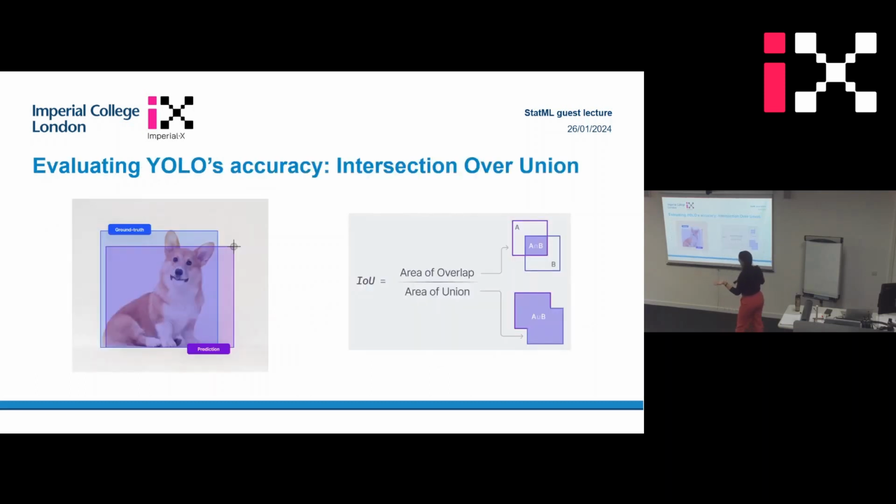So how do you evaluate how good your algorithm is at detecting the object? Basically you use intersection over union, or IOU. The idea is that my prediction is this and the ground truth is that, so how good is my prediction? You calculate it by dividing the area of overlap by the area of union.